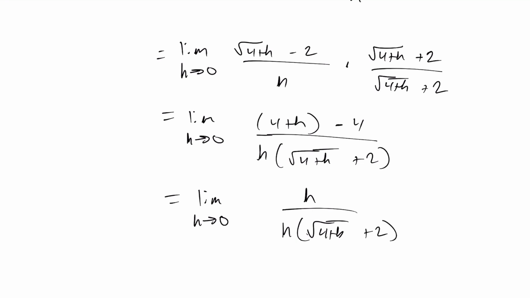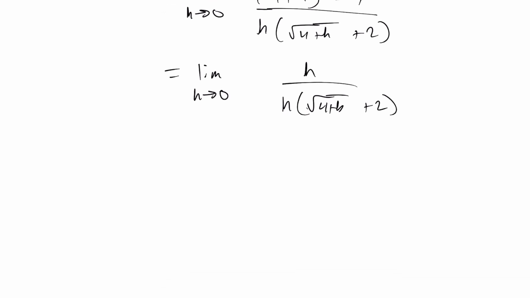When we cancel h out of this, we're left with the limit as h approaches 0 of 1 over the square root of (4 + h) plus 2.